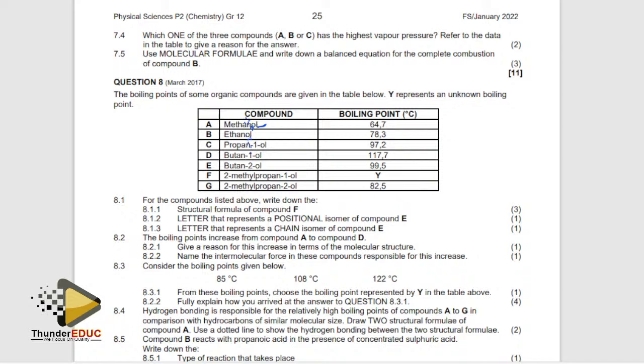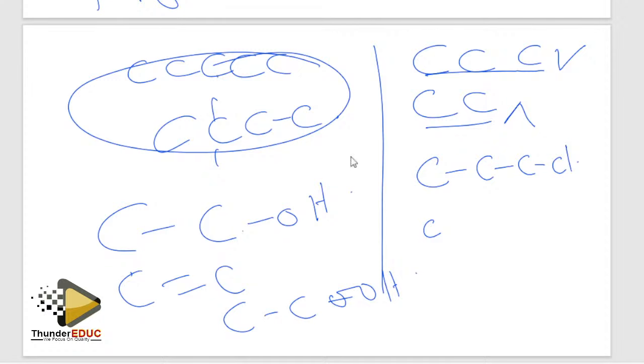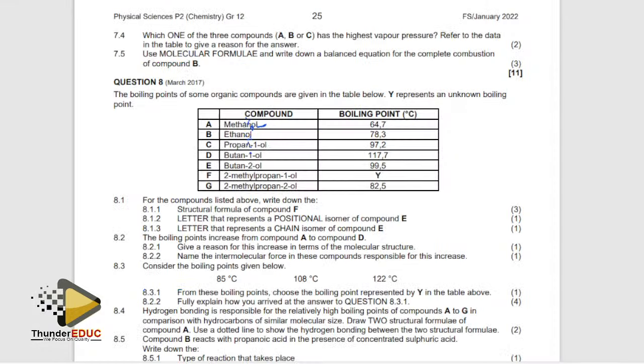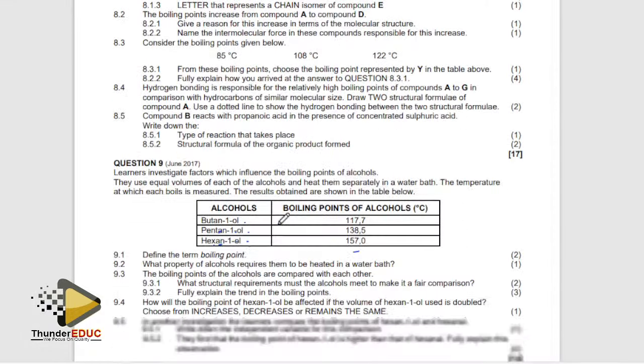If it is alcohol versus alkane, definitely alcohol is going to have a higher boiling point, because alcohols have London force and they also have hydrogen bonds. If it has London force and if it has dipole, the one which has dipole will have a higher boiling point compared to the London force only. The one which has hydrogen bonds will have a higher boiling point compared to the dipole force and the London forces. Please make sure you know that.